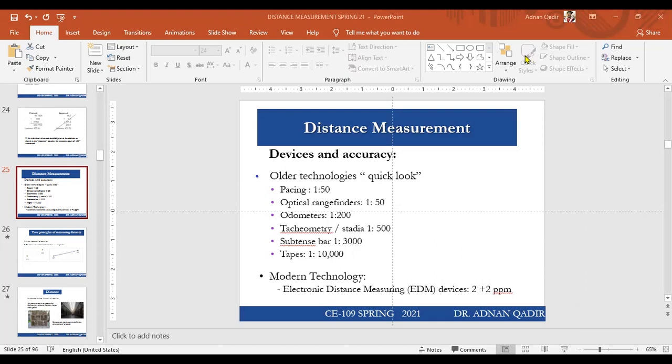Tachometer, 1 to 500. Substance bar, 1 to 3000. Tapes, 1 to 10,000. And EDM, that is 2 plus 2 parts per million. So this is how you know which method is selected for the particular application of your distance measurement.